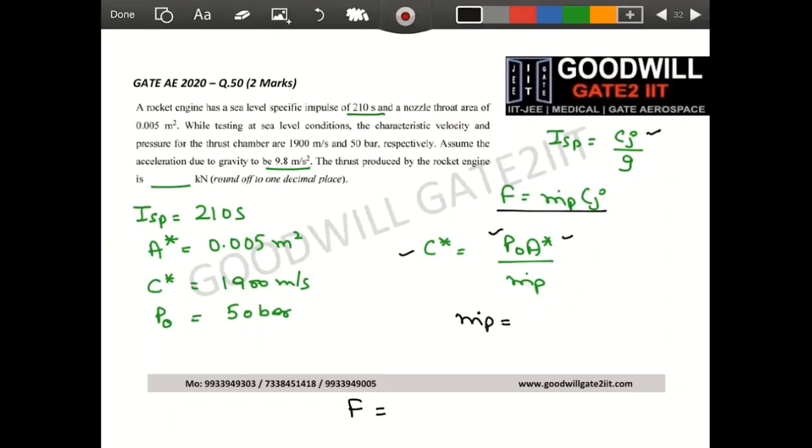I think this is the gifted numerical. Please tell me your doubts if you have any.